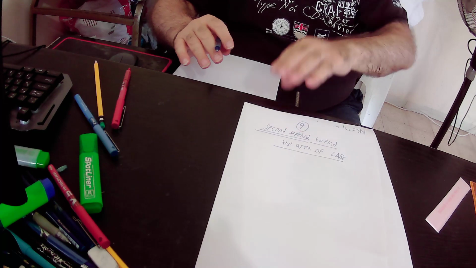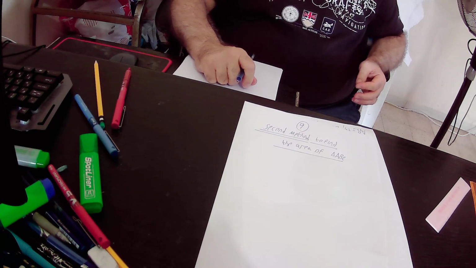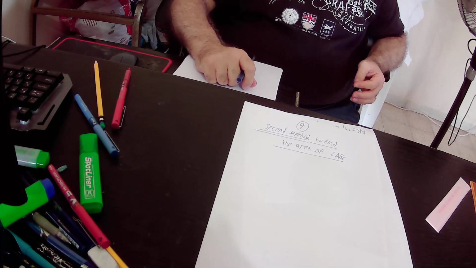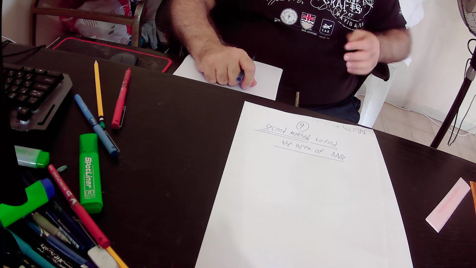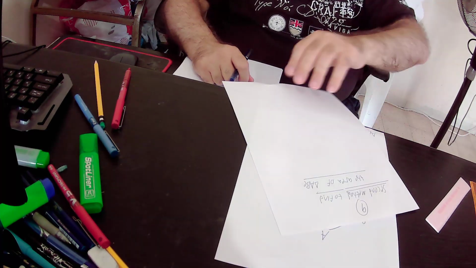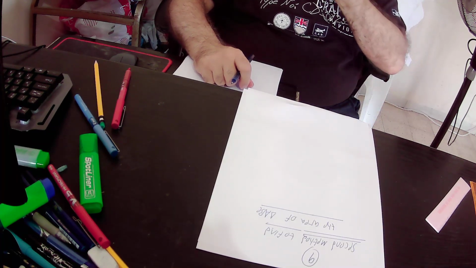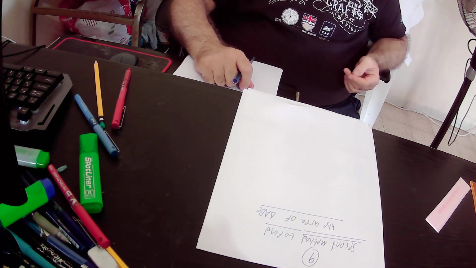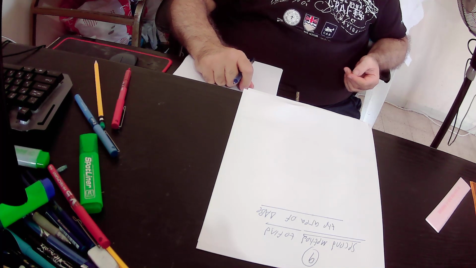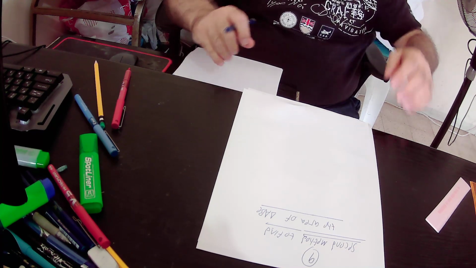I will present you the second method to find the area of triangle ABC. Actually, we will use the law of cosines in order to find the area of triangle ABC. So, what is the law of cosines?